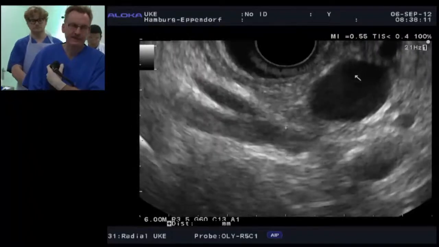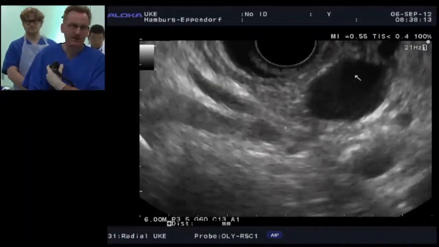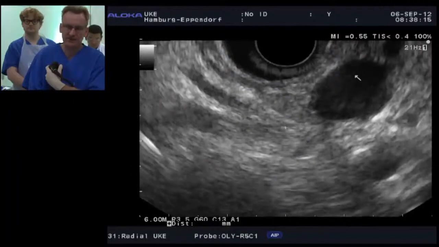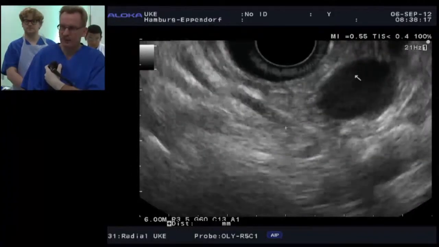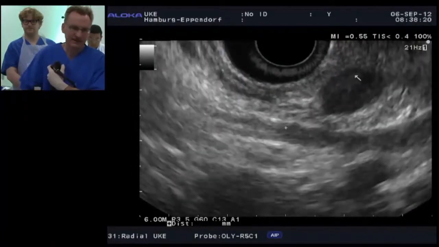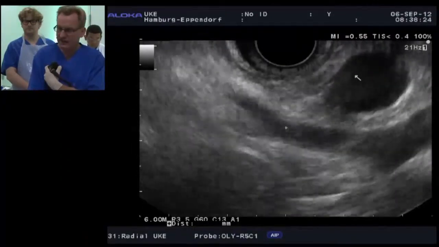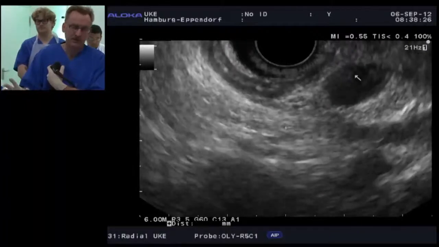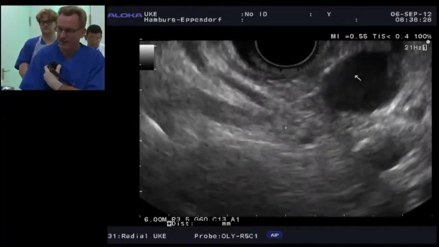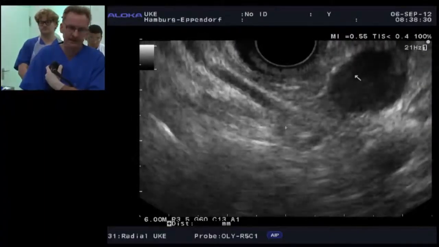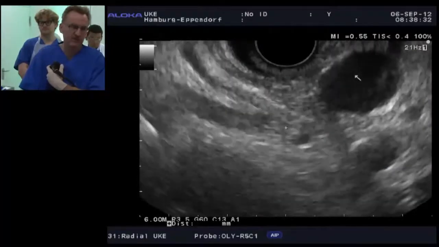But I asked the lady before, and she has absolutely diffuse symptoms. Yeah? She has abdominal pain, sometimes in the right upper abdomen, sometimes in the left lower abdomen. So I'm absolutely not sure whether this small lesion, less than 3 centimeters, has something to do with abdominal pain.